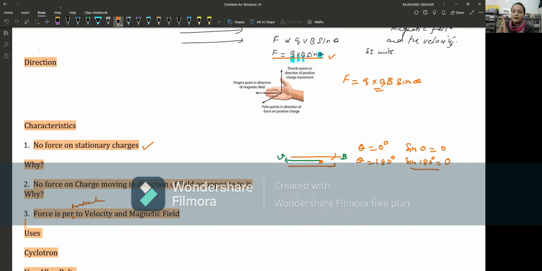And this shows the magnetic field's direction, and the force on the particle is perpendicular to each other. So this force direction is perpendicular to the magnetic field. It makes an angle of 90 degrees with the magnetic field, and also 90 degrees with the direction of the positive charge.